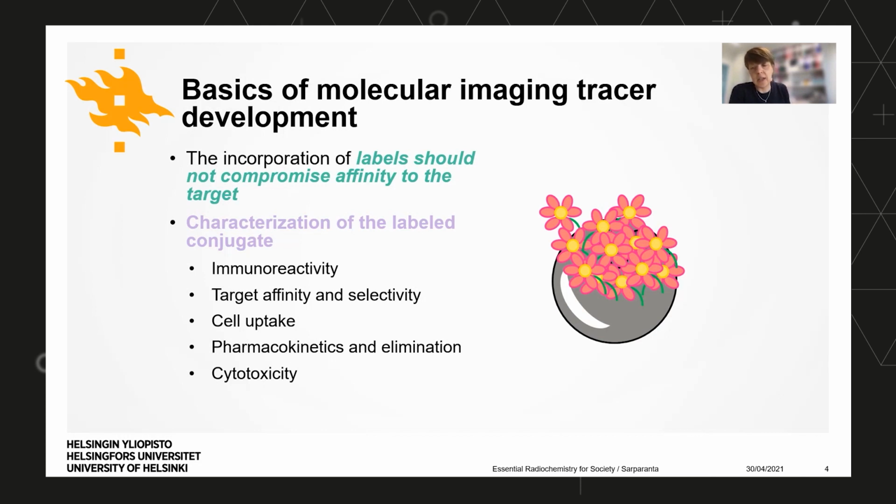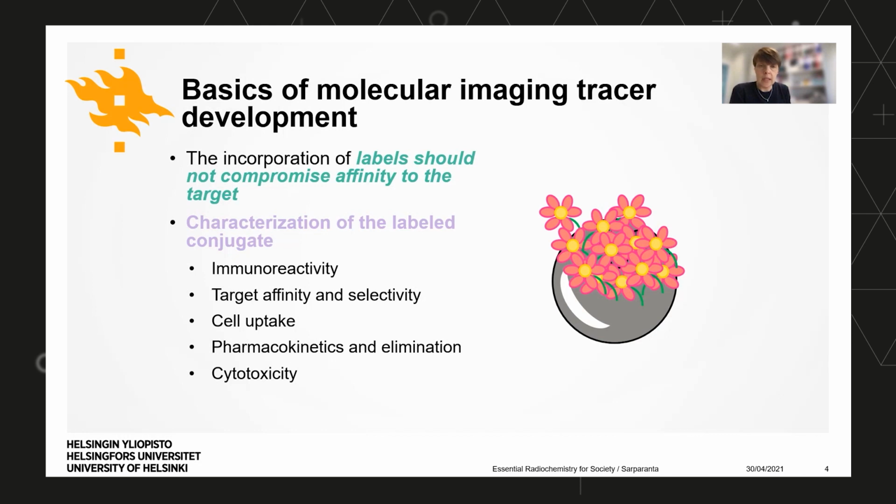And this same situation happens really in the body, that the imaging labels can mask the essential features of the compound that we're hoping to trace, resulting in aberrant in vivo behavior, and the fact that our labeled compound does not act as a tracer anymore.